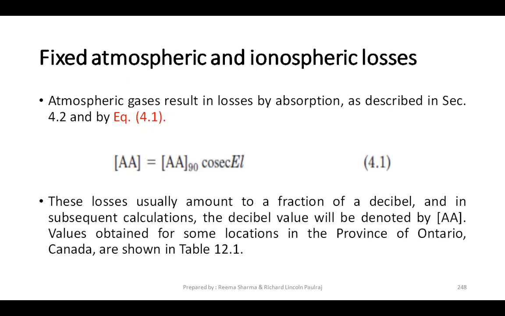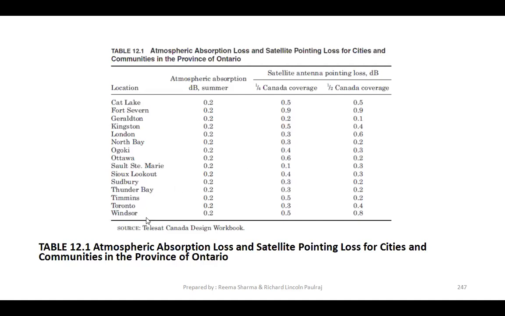Values obtained for some locations in Ontario, that's in Canada, are shown in 12.1. These are a few locations they have looked into, and how much atmospheric absorption can happen, which is ranging about 0.2.